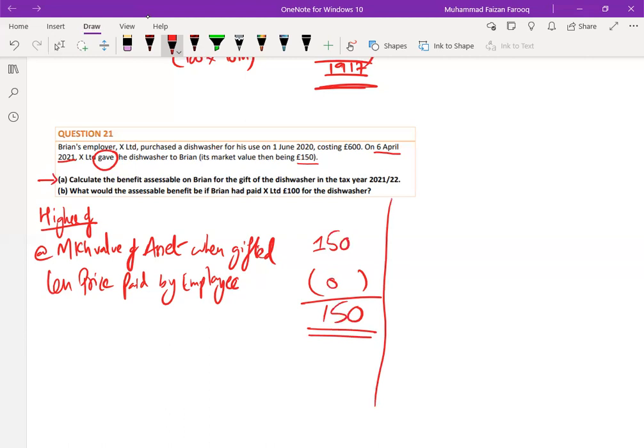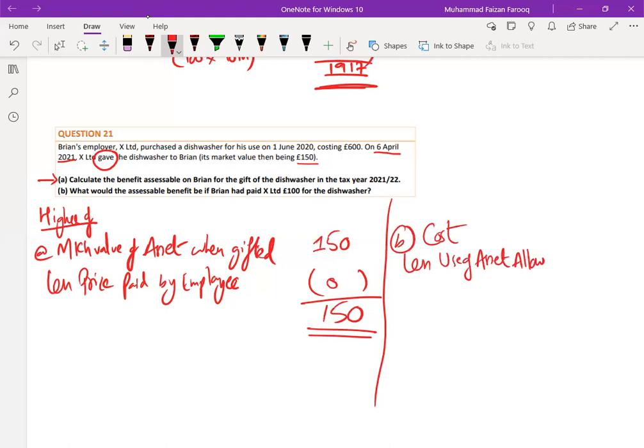Working A is very easy, but working B is a bit tricky. Tricky means if you know how to calculate depreciation, it will be very easy for you. What are we going to do? Cost less use of asset allowance.